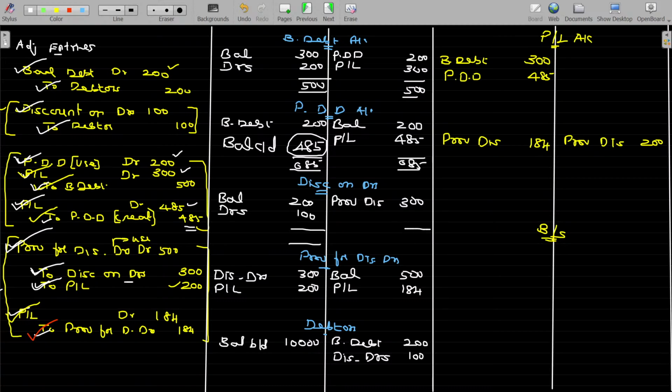Discount on debtors is a nominal account, so it will not have any balance, it got eliminated. Provision for discount on debtors 684, 184 is the closing balance carried on.